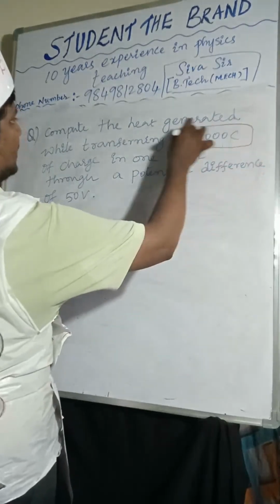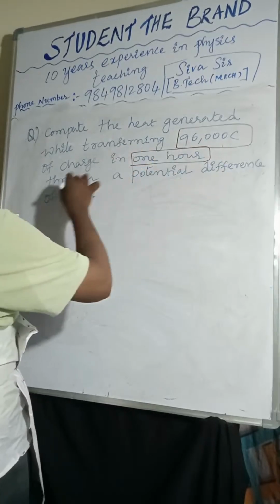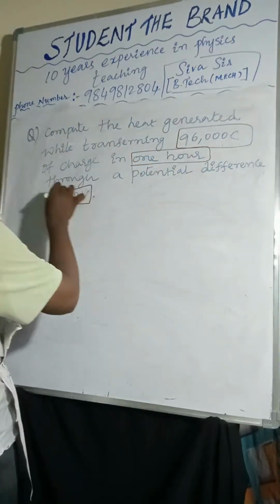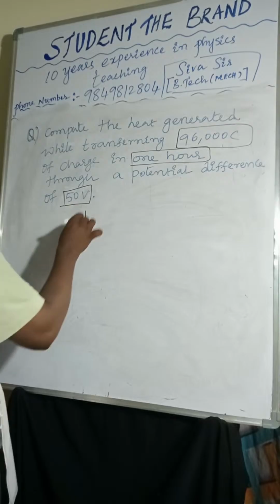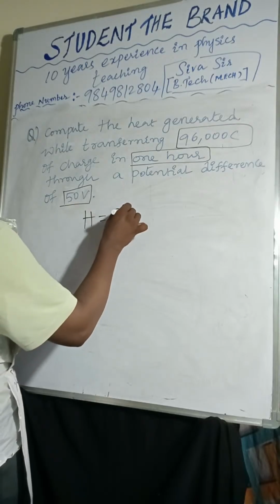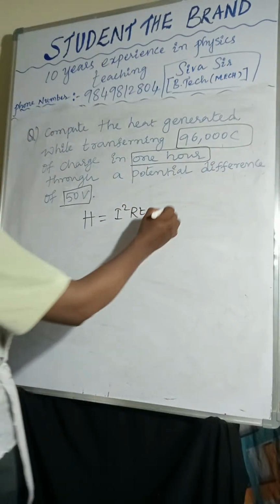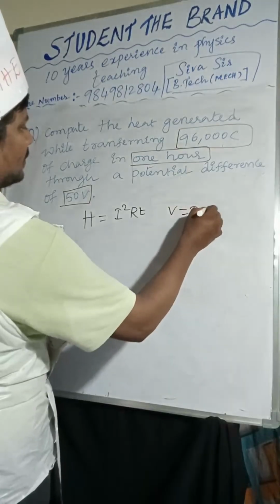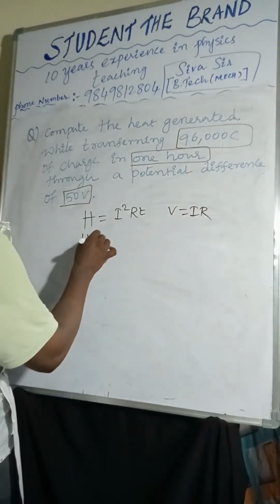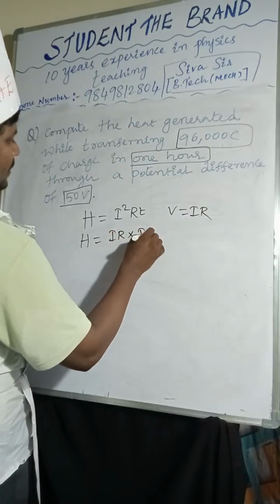This is the charge, and in 1 hour, time is 1 hour. Potential difference is given. So we know H equal to I square RT. We know V equal to IR. So H equal to IR into I into T.